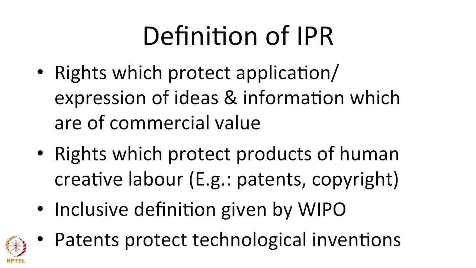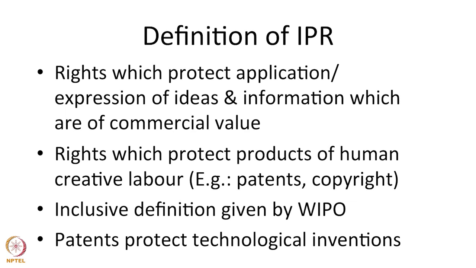It talks about the things on which the rights are manifested, and it also talks about the actual rights. You will find in the WIPO's definition that they talk about patents, copyrights, trademarks, designs, and similar rights.